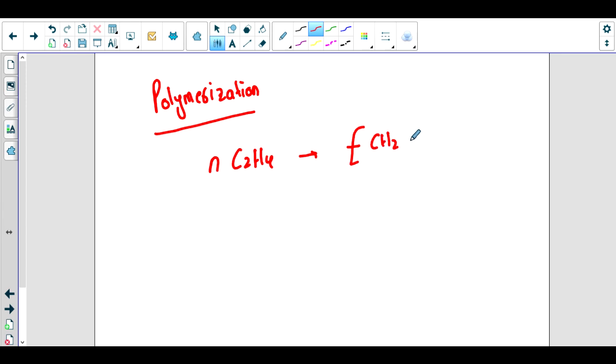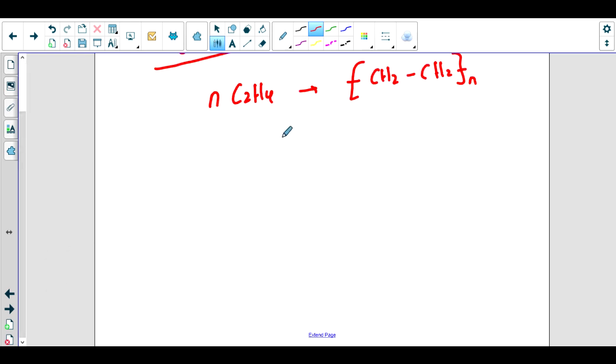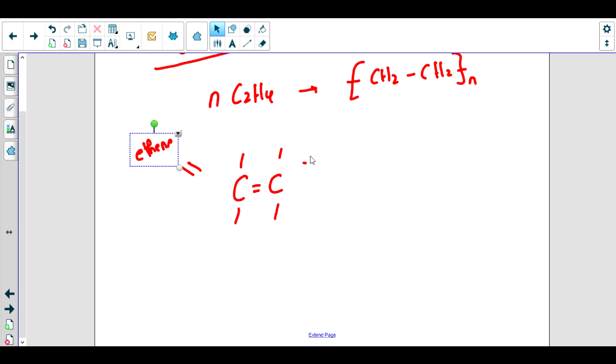This is how you express it in equation form. If I have one single alkene alone, carbon double bonded with carbon, with hydrogens here, here, and here, this is ethene. It's alone, it's single, it's called a monomer. Now what you do, break the double bond.